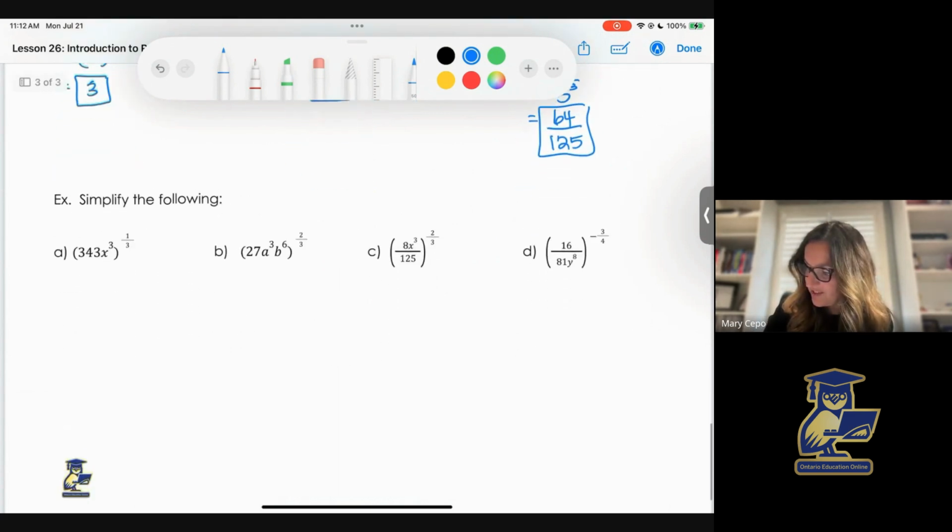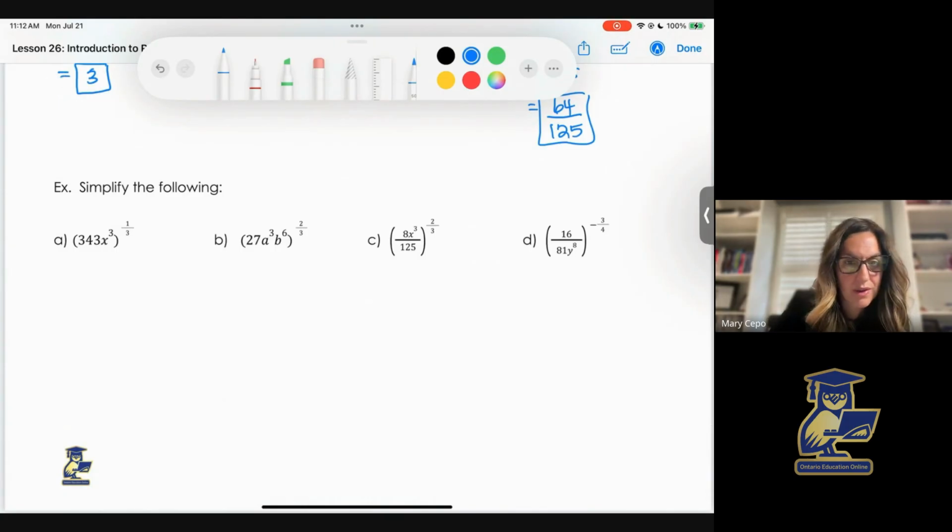Okay, this applies to when you're dealing with variables as well. So keep in mind that, as I've always stressed, if you don't see an exponent, even with the numerical coefficient, it has an exponent of 1. If it's in the brackets to an exponent, you do have to share that. Okay, so keep that in mind. Must, must, must.